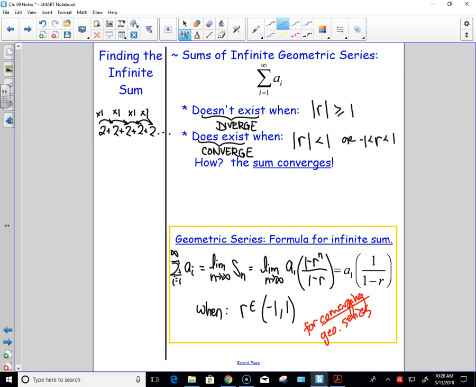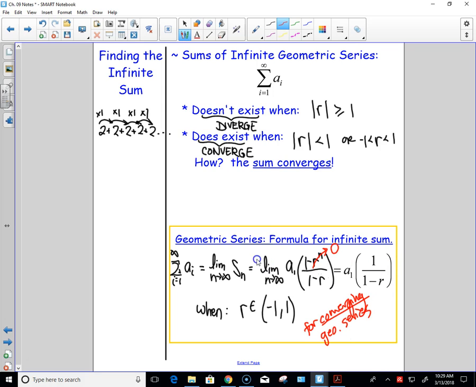And for any value in between negative 1 to 1, what's going to happen to this little guy? As n goes to infinity, as the powers get higher of any fraction in between negative 1 to 1, that little part goes to 0. Write it. Show it. This little part will go to 0. And if that little part goes to 0, of course the formula is what it is. Of course the limit is what it is.